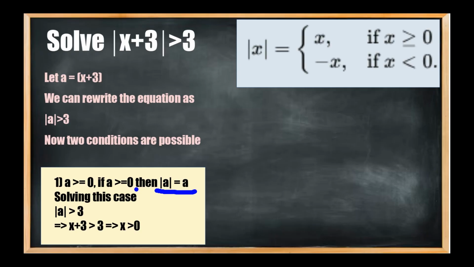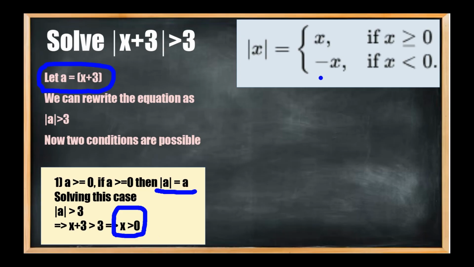So for this case, a remains a, and a was x plus 3, like we know already. So x plus 3 would be greater than 3. If you solve this, x would be greater than 0. So this is one solution which we have found: x is greater than 0.